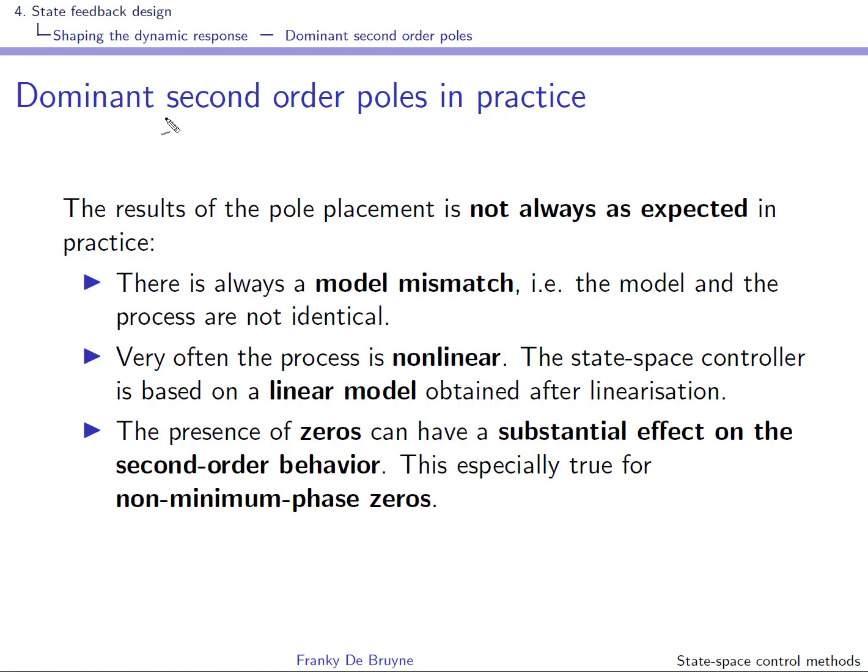There are many pole configurations that you could test. So obviously, you could use the dominant second order pole method with dominant complex conjugate poles as shown over here, with other poles that are sufficiently far.